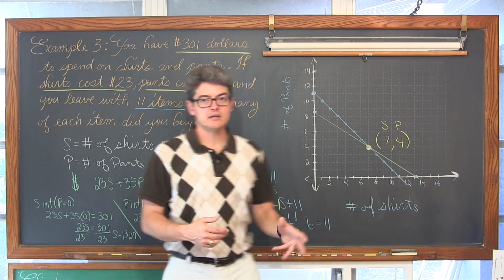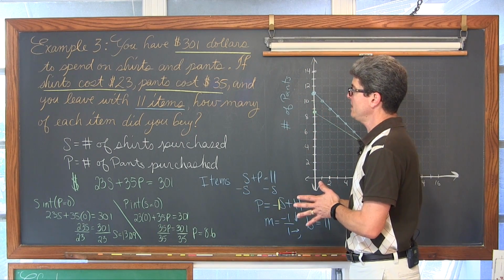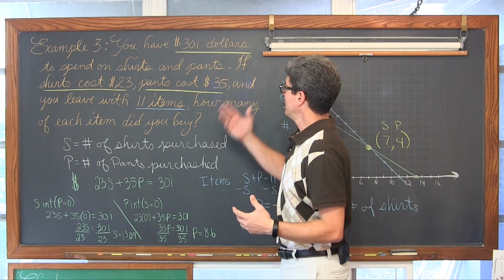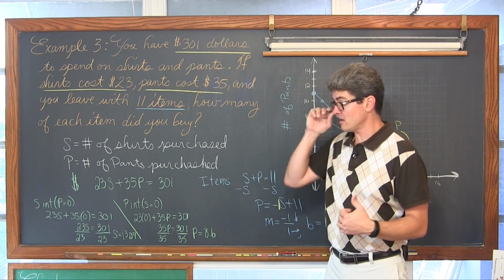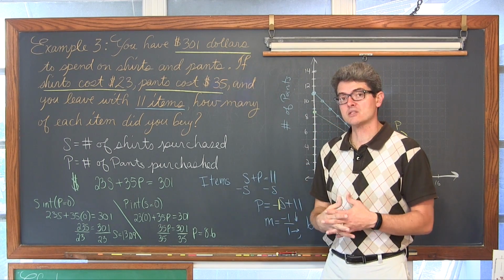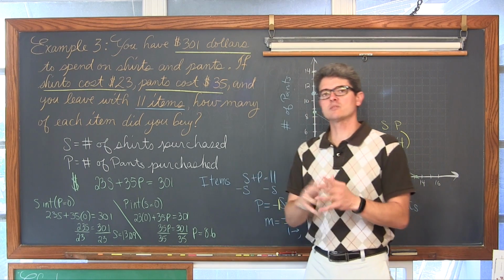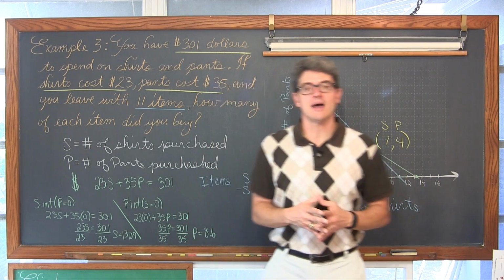Now, if I gave information where we were told the number of shirts and the number of pants, and we're asking how much each of them costs, with cost values usually being a decimal, like $23.85 or something like that, you can estimate with a graph, but not find them accurately.